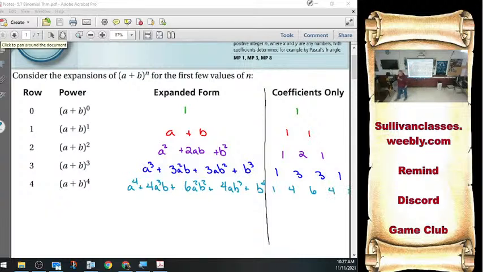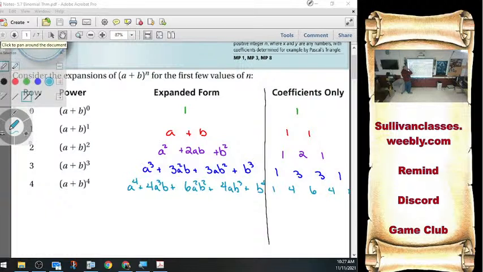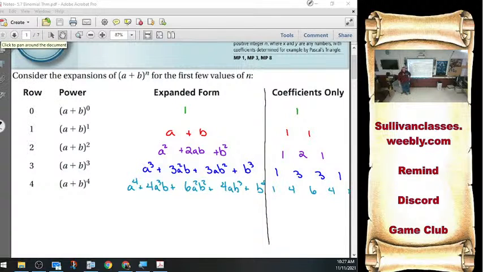How do I just know that's going to happen? There's some famous dad dudes. I want you to look at the coefficients off to the side and start looking at diagonals.